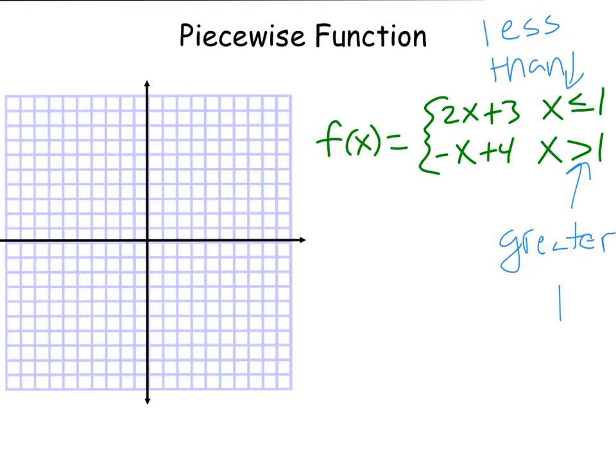I'm going to start graphing the first one. It's got a y-intercept right here. I go up 3 over 1, down 3 over, whoops, I got my numbers mixed up here, but backwards. The y-intercept should be 3, and then it should be up 2 over 1.